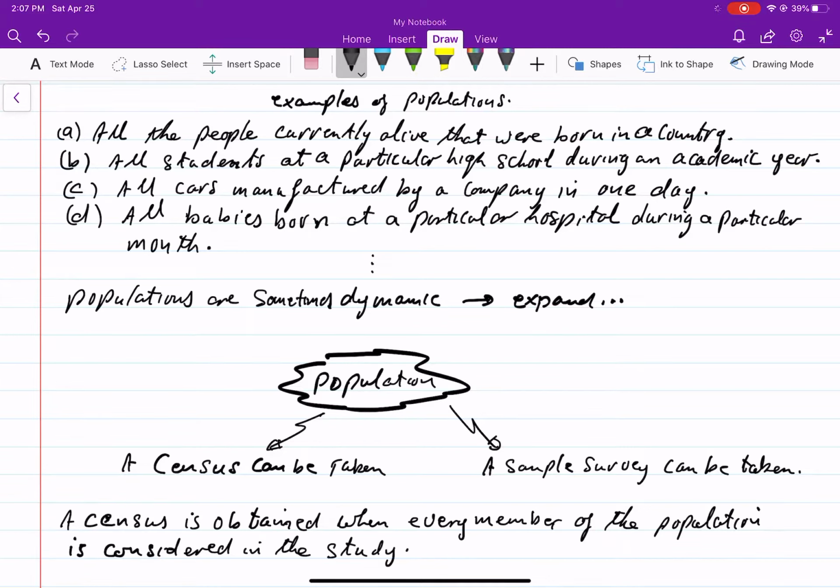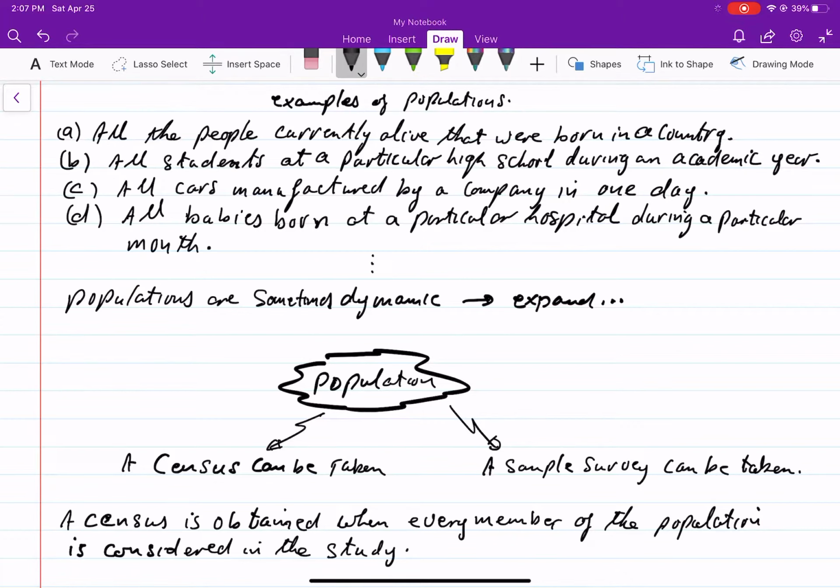Well, the population will not always be the same. New elements, let's say, are added to the population all the time, and sometimes elements drop out from the population. Classical example, let's look at my first example up there where it says the population is all the people currently alive that was born in a country.